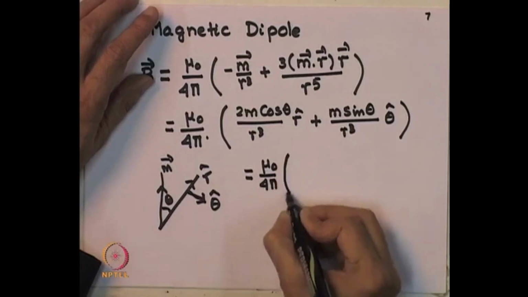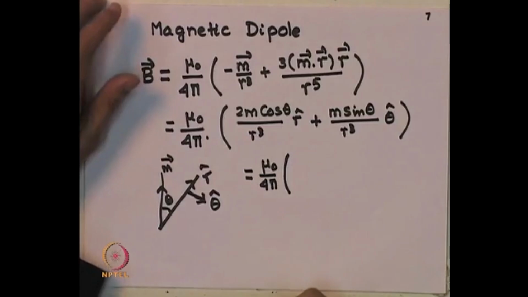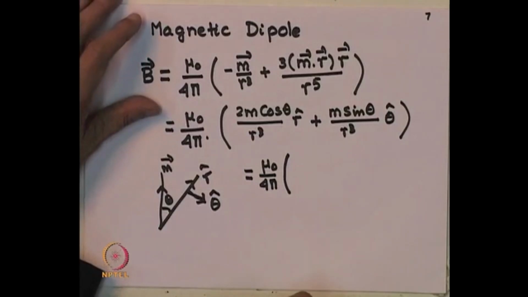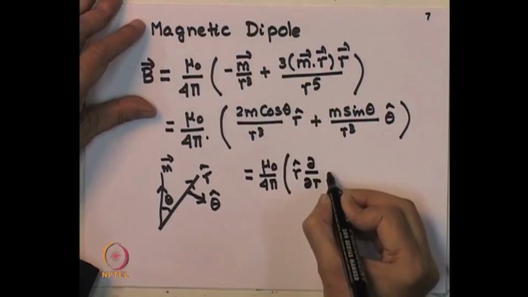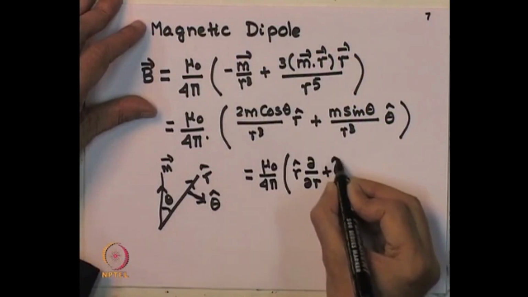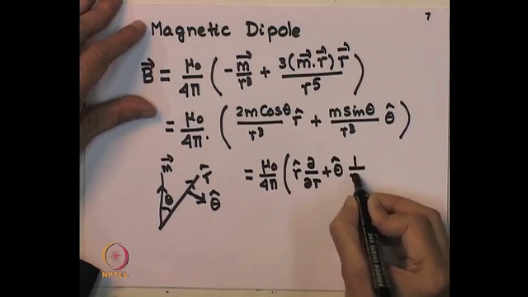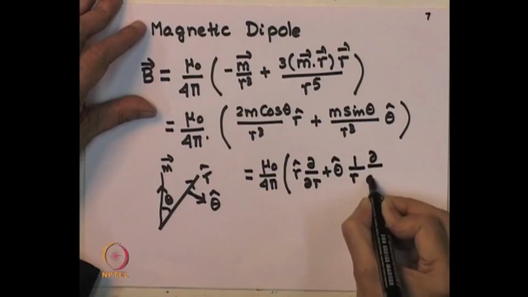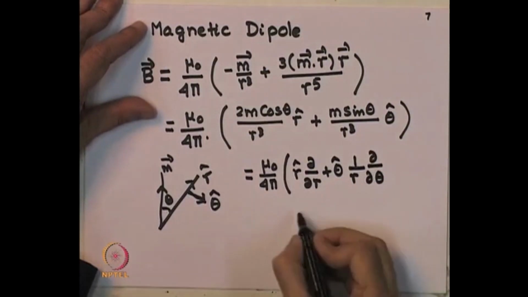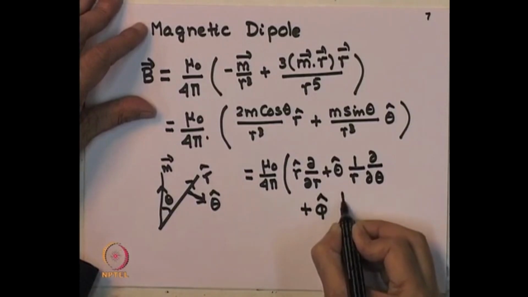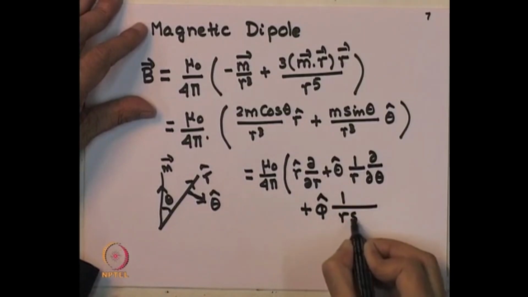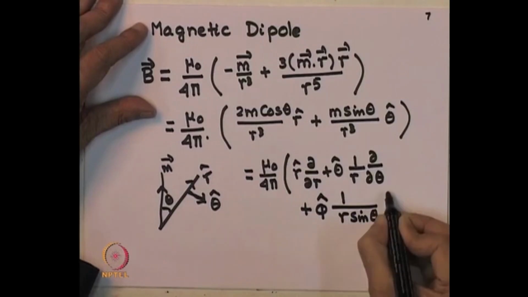I am simply writing down now the expression for the gradient in the spherical polar system, and that is unit vector r d by dr plus unit vector theta 1 over r d by d theta, and just for completeness I will also write down unit vector phi 1 over r sin theta d by d phi.